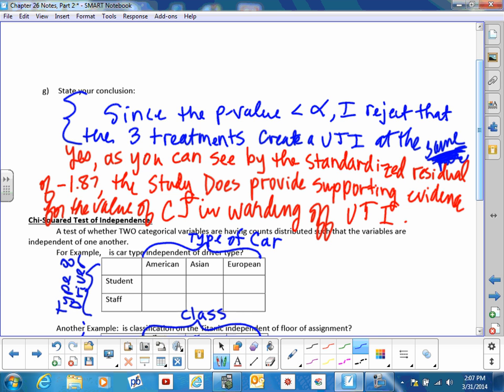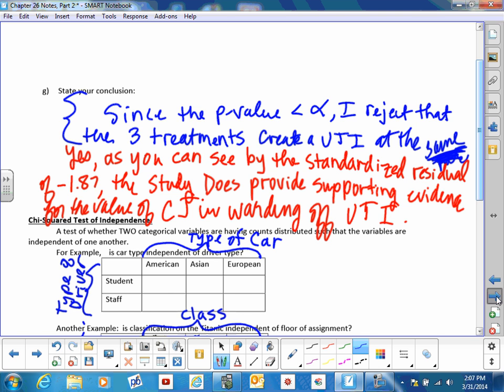What group is having more of an influence than the other? And what did we do in that case? What helped us to see the influence that the different groups had? The standardized residuals. Very good.